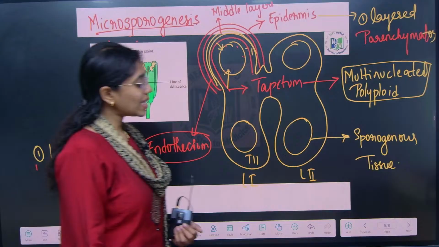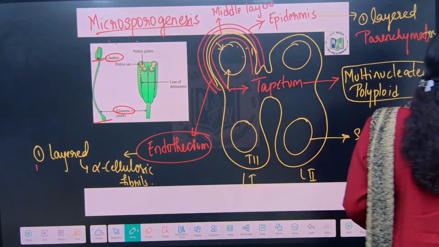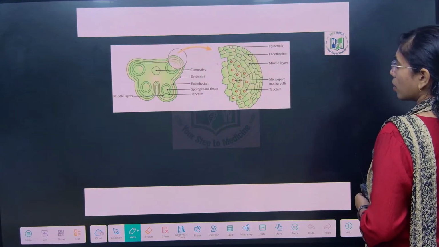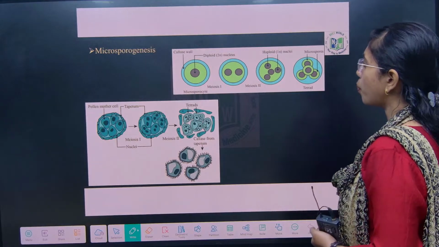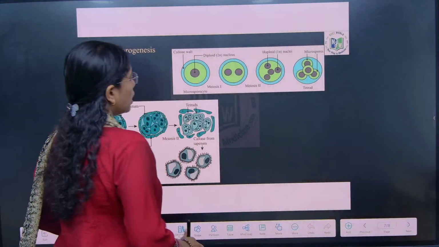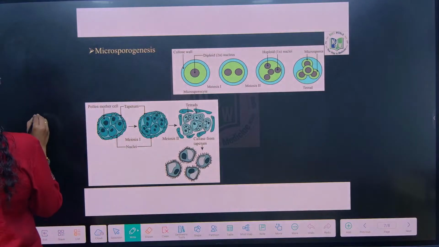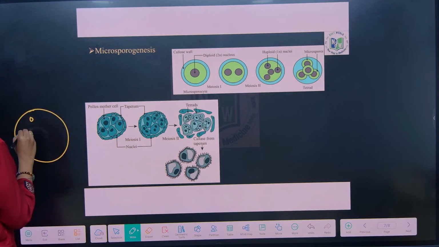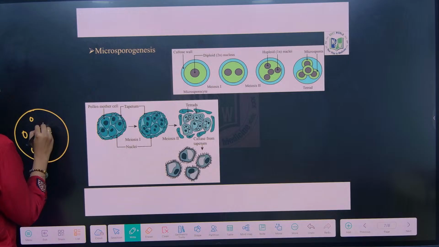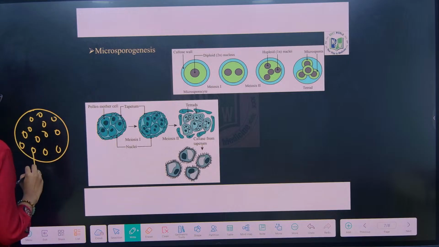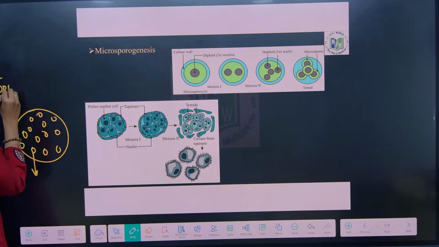Okay. Now, what is happening inside the sporogenous tissue?